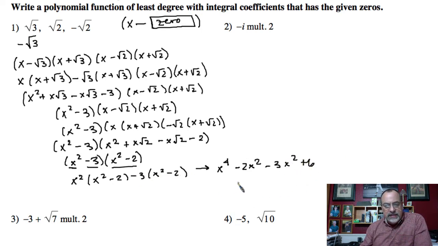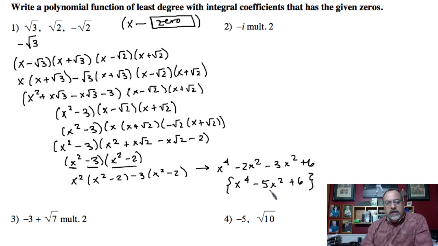So combining like terms, then I have x to the 4th minus 5x squared plus 6. Plus 6 is the polynomial then that has these as its 0, and this is the polynomial in standard form.